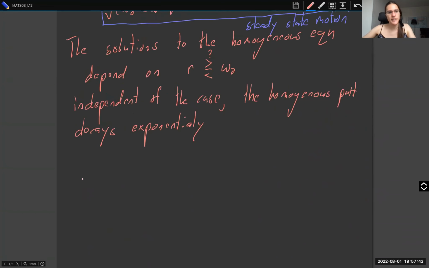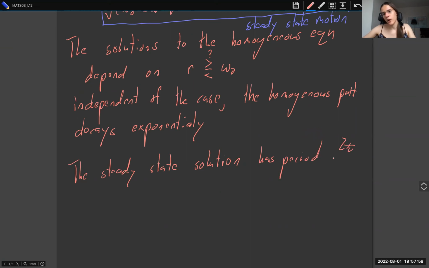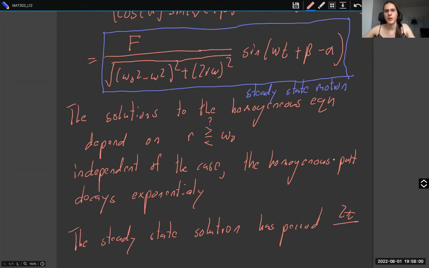So the steady state solution has period 2 pi over omega.